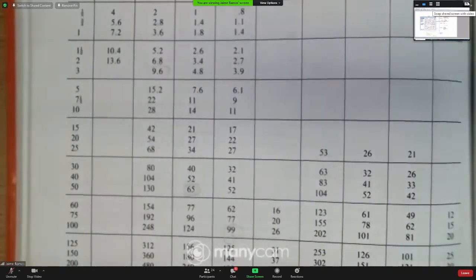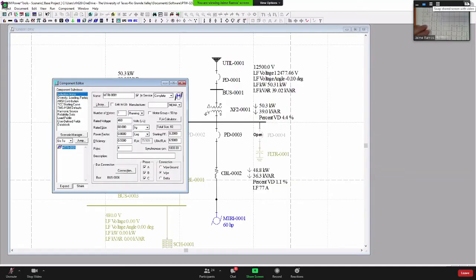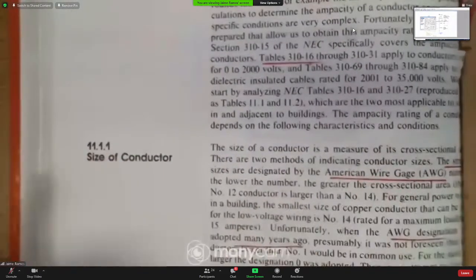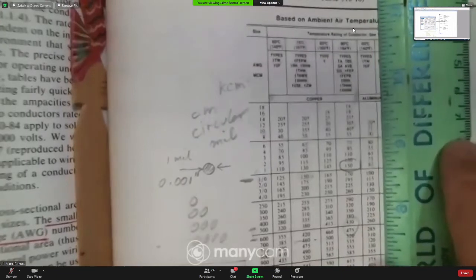So now let me go to chapter 11 and look at the cables. And then we need to find an ampacity for the cable of 90 degrees. So this is this column here, 90 degrees.